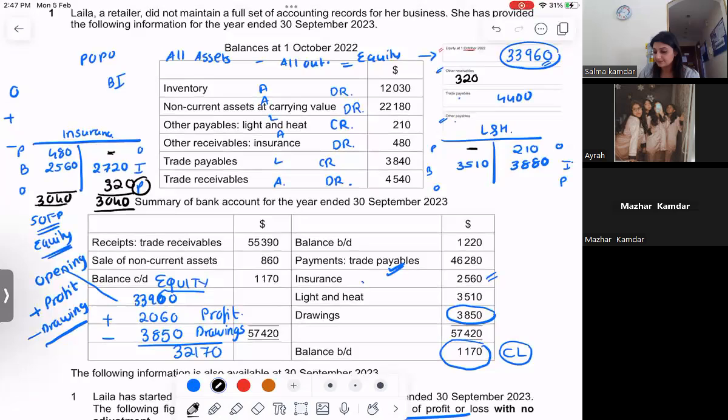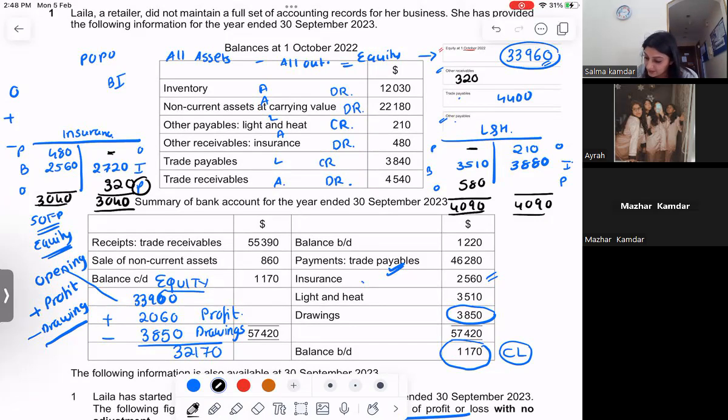Light and heat, close. Credit is more. 210 plus 3,880 is 4,090, minus 3,510 is 580.